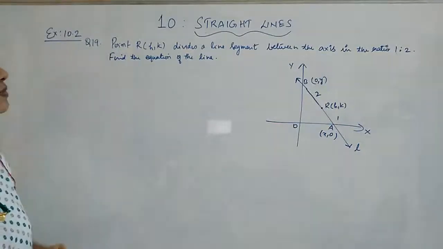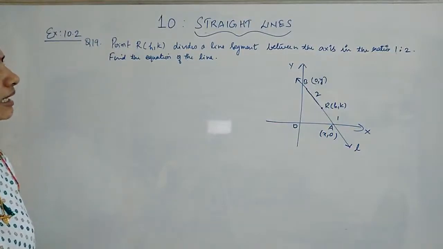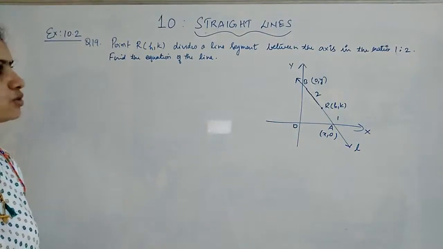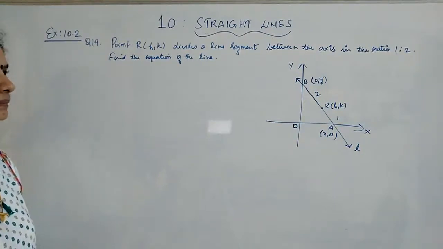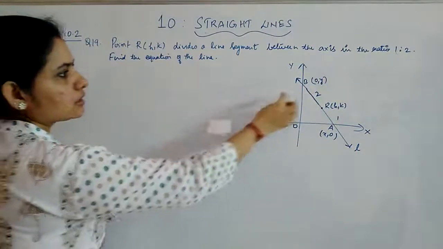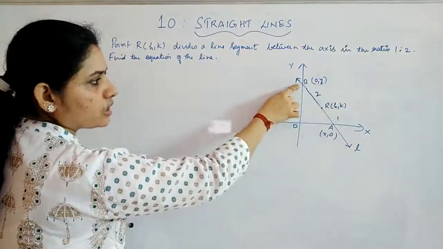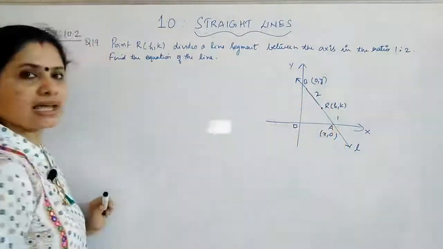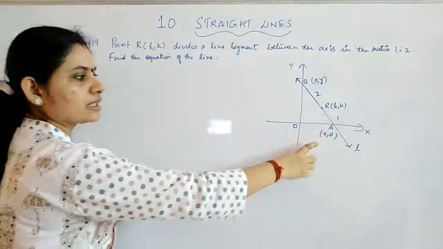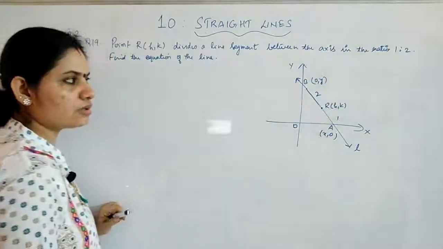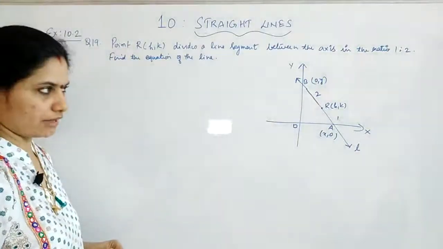Question number 19: point R(h, k) divides a line segment between the axes in the ratio 1:2. Find the equation of the line. If you draw the figure, this is the required line, with the points on the axes taken as A and B. Any point on the x-axis will be of the form (x, 0), so I have taken the coordinates of A as (x, 0) and of B as (0, y).